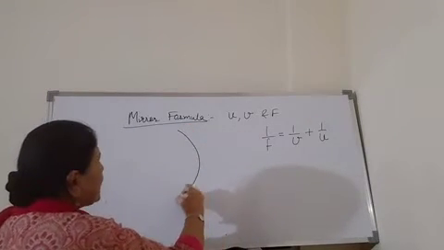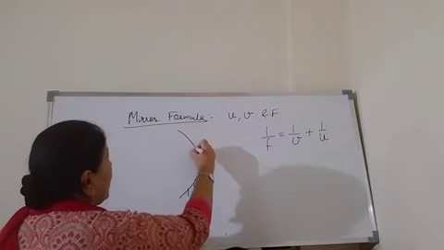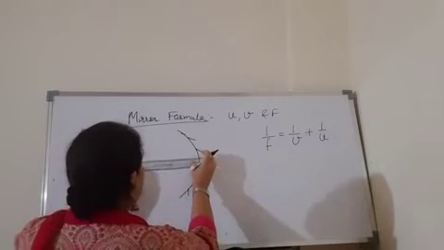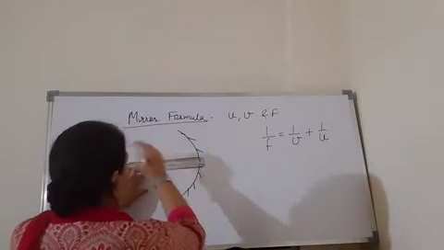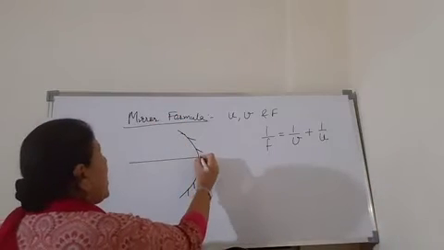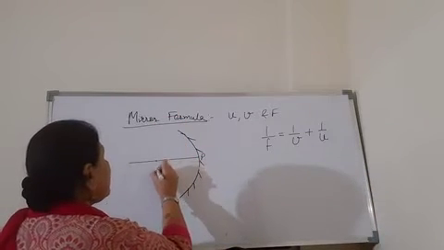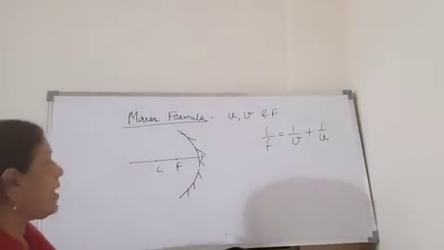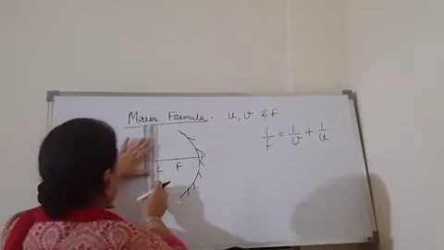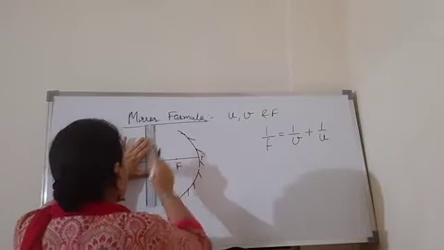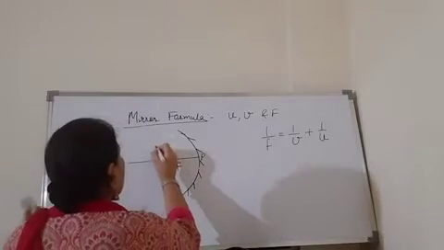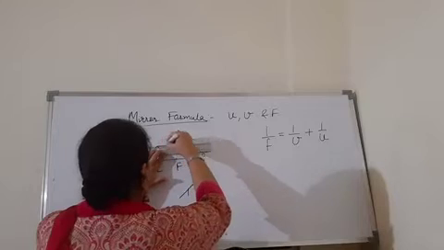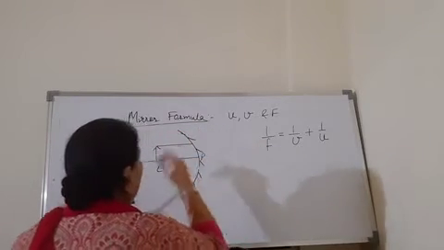Let's take the example where the object is placed at C. So where will we show this U, V and F? If you just recollect, we have taken one object here. Out of 4 ray lines, I have told you that you have to take any 2, minimum 2 rather.